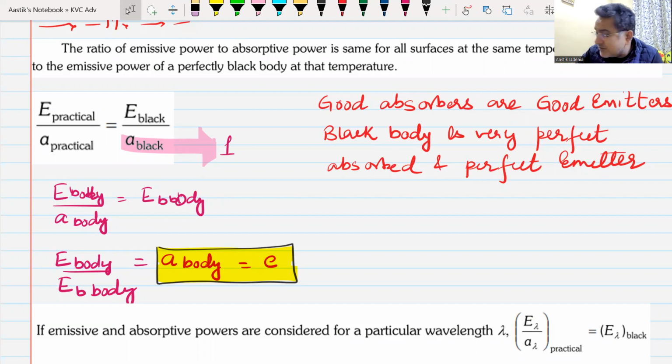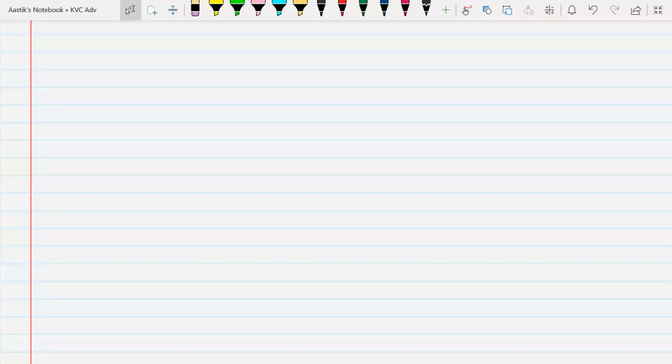I hope you have understood this. Whatever we are saying for total emissive power, the same thing we are saying for spectral emissive power. Do we understand this? Yes.